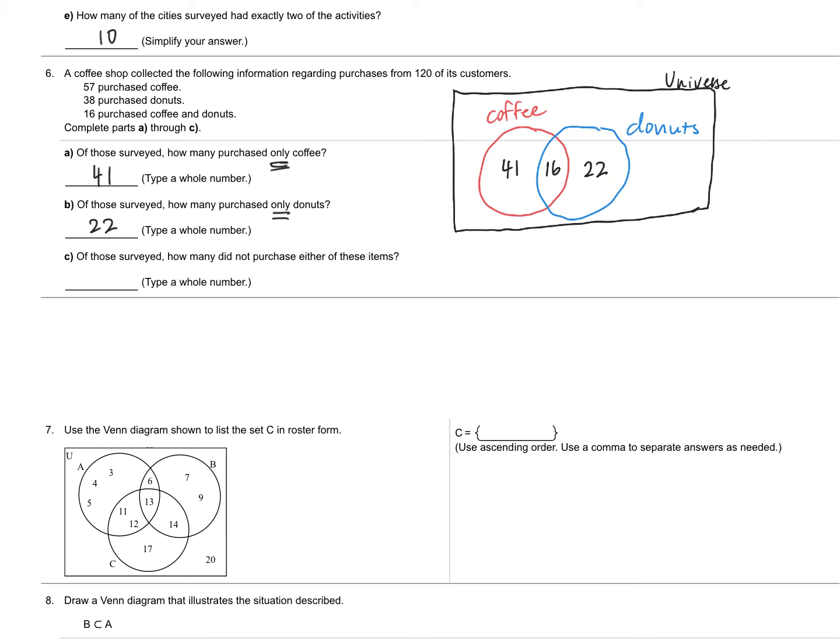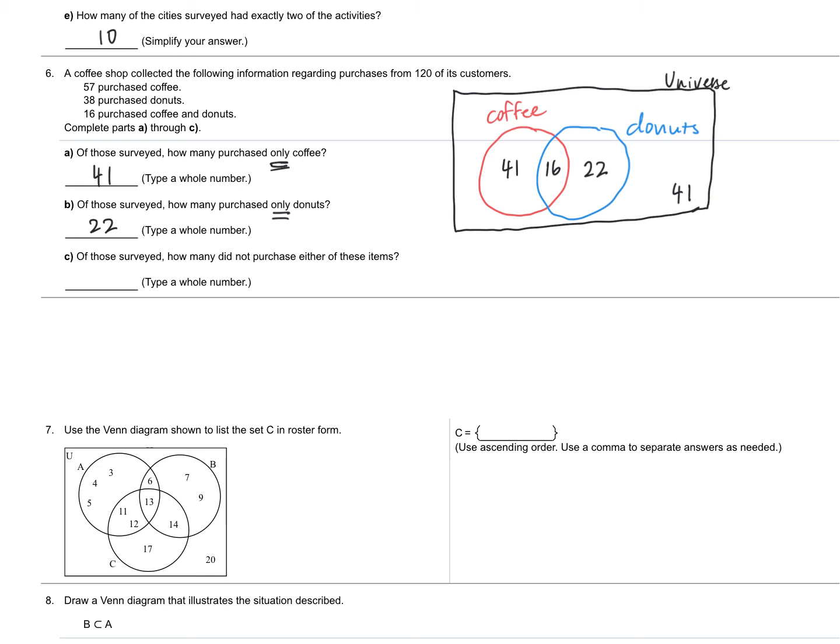It said they had a total of 120 customers. So let's add up the 41, the 16, and the 22. That's 79. So they had a total of 120 customers. We can do 120 minus 79, and that'll give us 40. Oh, not 49, 41.